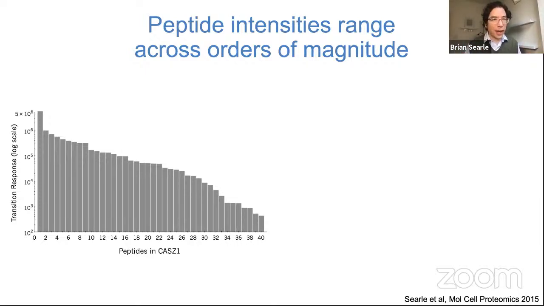Certain types of peptides ionize well, certain peptides release from the protein with trypsin well, and other peptides don't necessarily release as well. What we're looking at in this particular protein, Cas-Z1, is 3 orders of magnitude, 1 to 1,000, or in this case even more than that. So it's 2.5 orders of magnitude in this case.